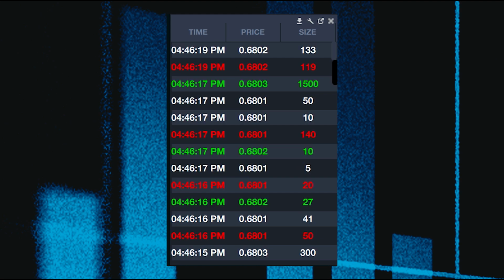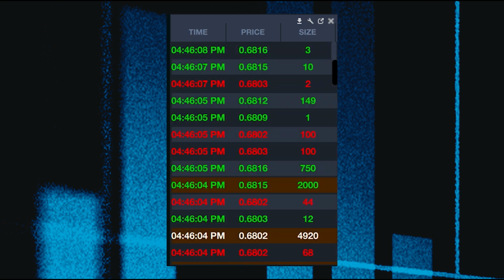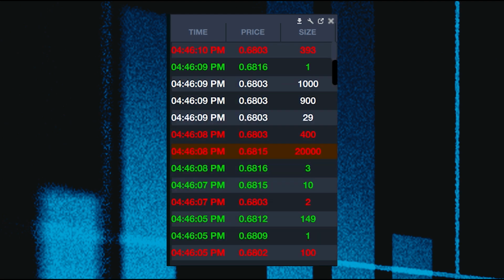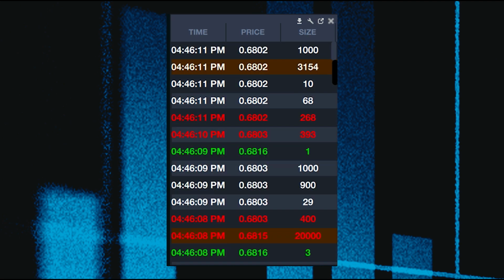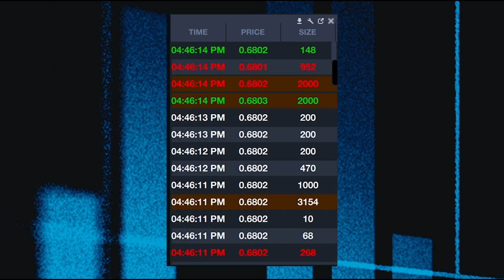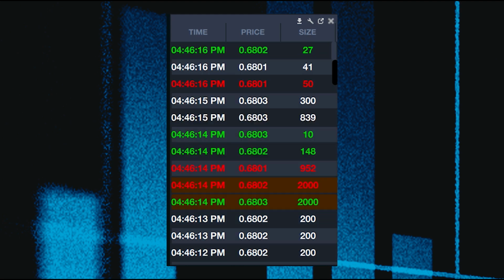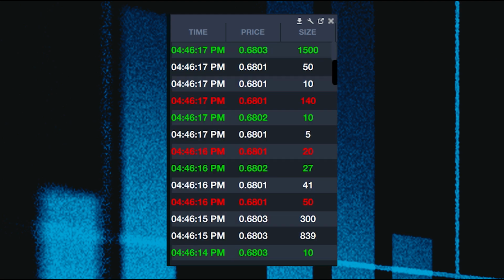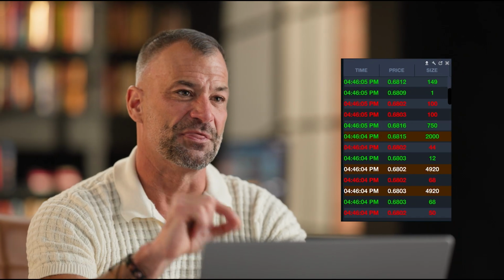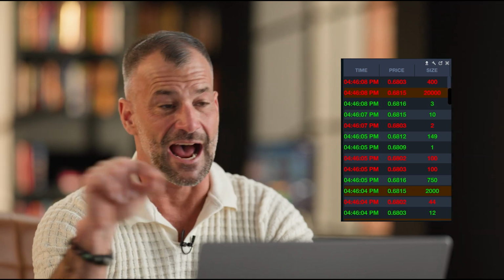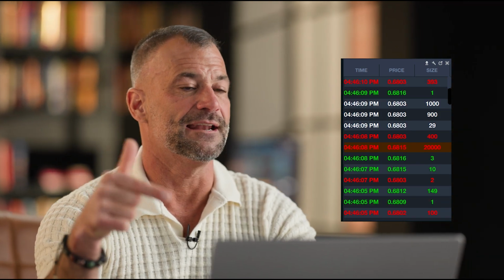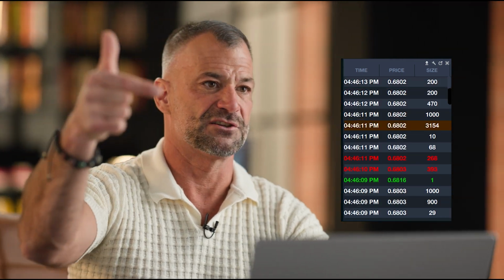Now, the other thing you'll see is the transaction is going to be in red, green, or white. A lot of people think that's a buyer, that's a seller. No. Remember, if there's a trade, there's always a buyer, there's always a seller. What the colors denote is if the stock is on the tape in green, that means it upticked from the previous transaction.